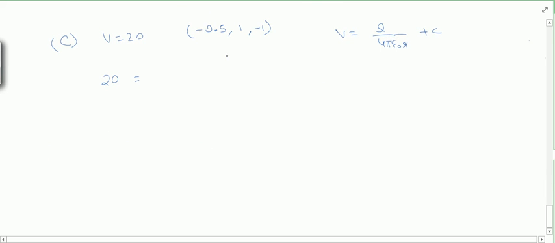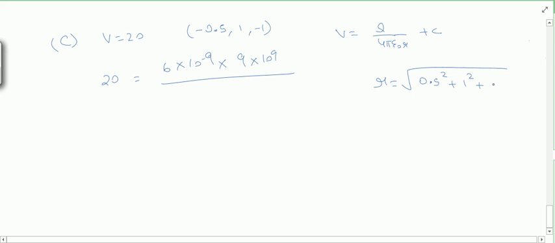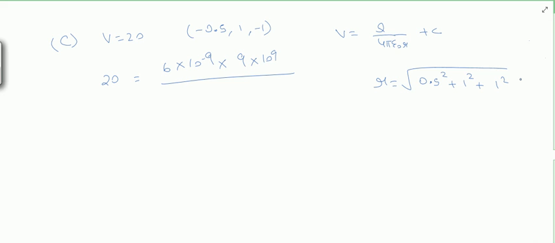So here V is 20, Q value is 6 into 10 power minus 9, and 1 by 4 pi epsilon naught is 9 into 10 power 9 divided by R. R can be calculated from the distance formula. For this point, R will be the square root of 0.5 square plus 1 square plus again minus 1 minus 0, which is again 1 square.